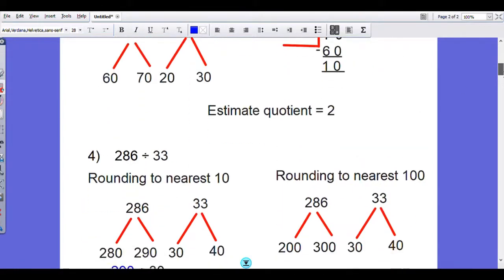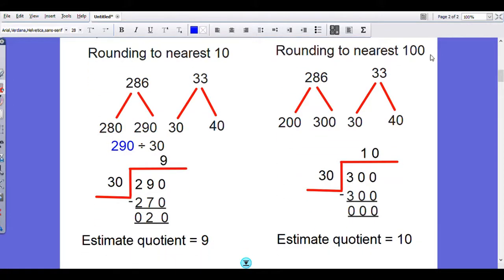And if you take nearest to 100, then 286 is in between 200 and 300, and for 33 there is only one possibility because this number is of two digits, that means nearest to 10. Now 286 is between 200 and 300, so much closer to 300.